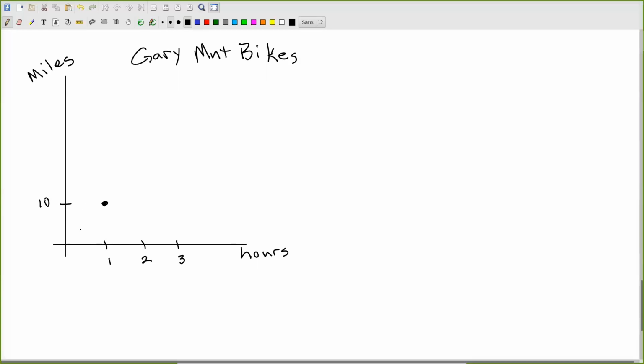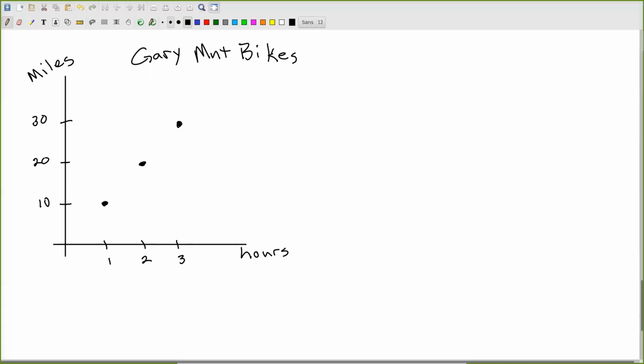And then what about 2 hours later? What do you think, how far have I gone if I went 2 hours at 10 miles per hour? 20. 20, right? So that's 10, 20 is going to be around here, say. And so then I should have a point somewhere about there. And 3 hours later, that should be another 10 miles, so 30 miles. So I should have a point somewhere in this vicinity.